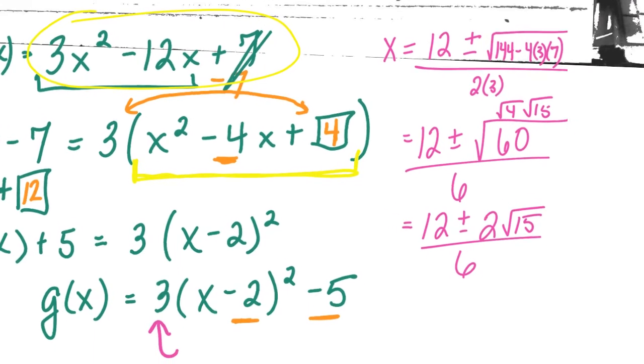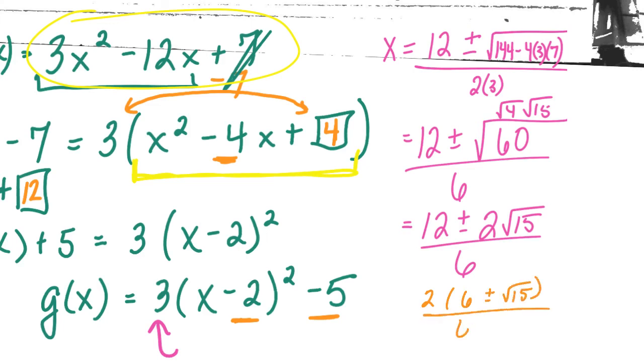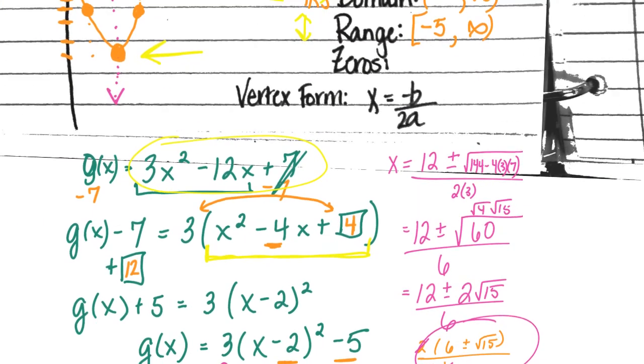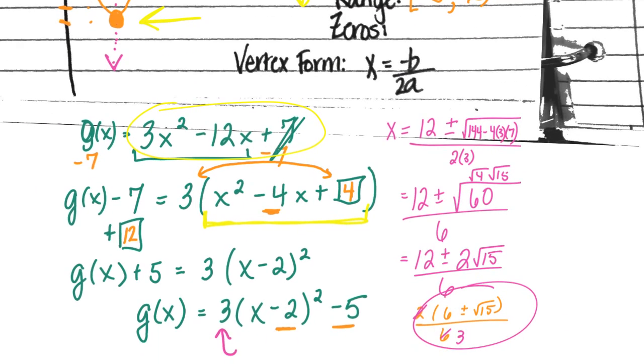And then I could reduce this by taking out a 2, and I have 6 plus or minus root 15 all over 6, and we can reduce. So my zeros are 6 plus or minus root 15 all over 3. I'm going to write that in. 6 plus or minus root 15 all over, I think I said 6, I meant 3.